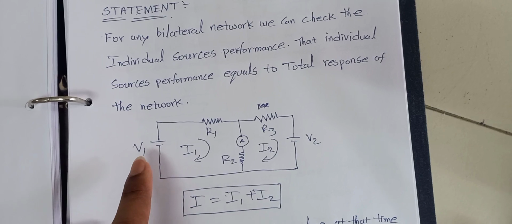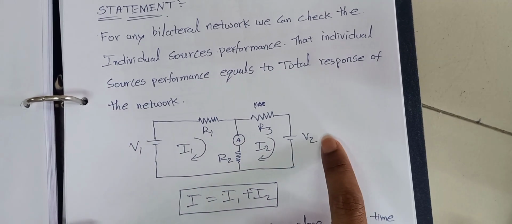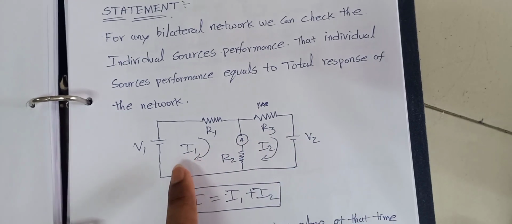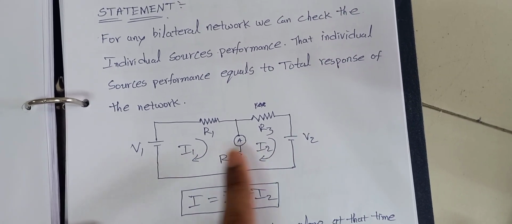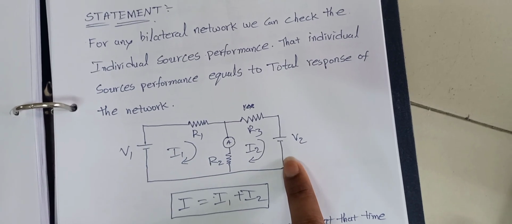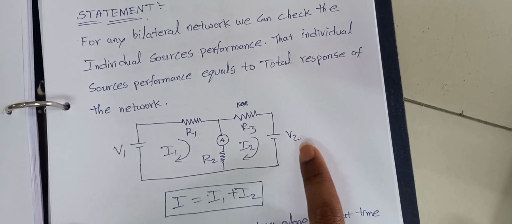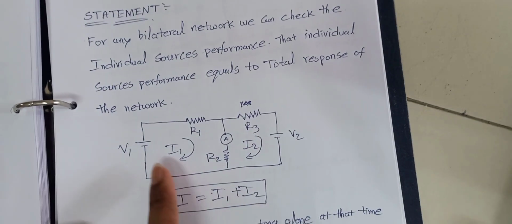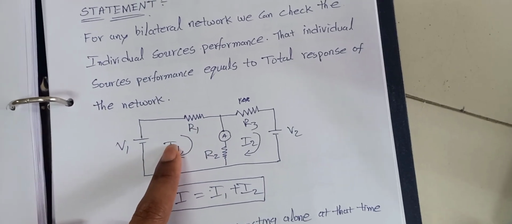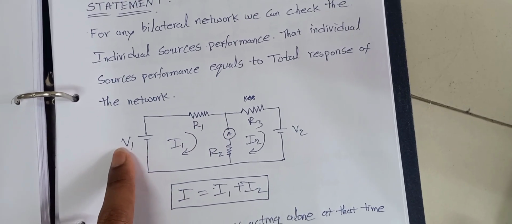If we take the V1 source and make the V2 source a short circuit, at that time we calculate I1 current, because whenever we make a short circuit, the current is very high and the voltage is 0. So we calculate I1 current only by using the V1 voltage source.